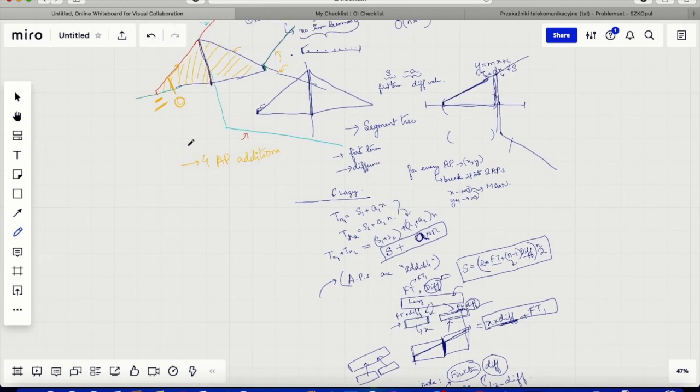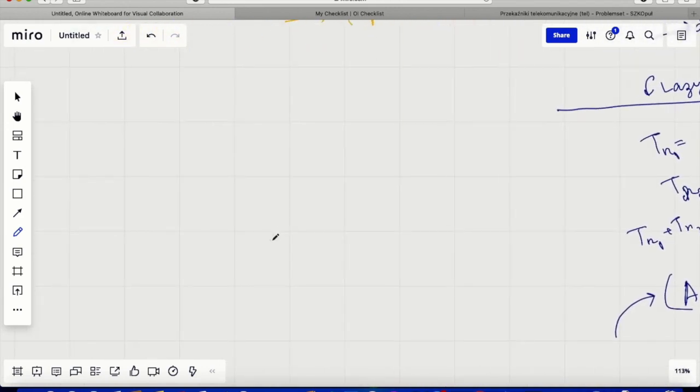To reiterate, we did the following things. We reduced adding AP to a range, add AP to x comma y, to adding AP from x to infinity, and y plus 1 to infinity.